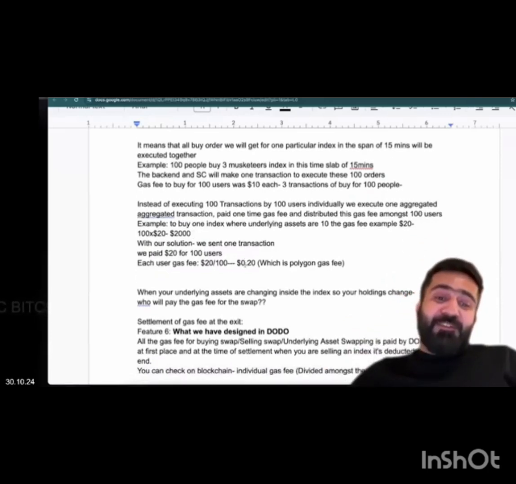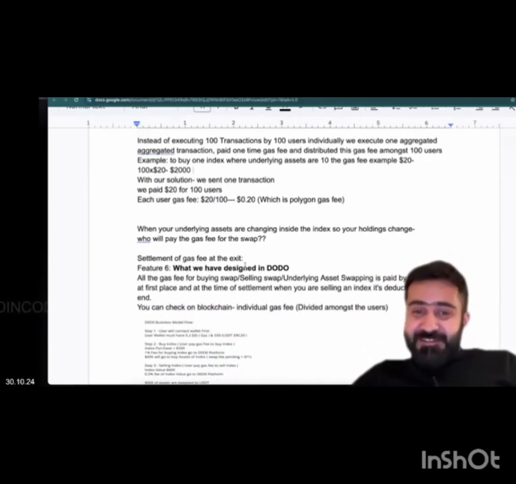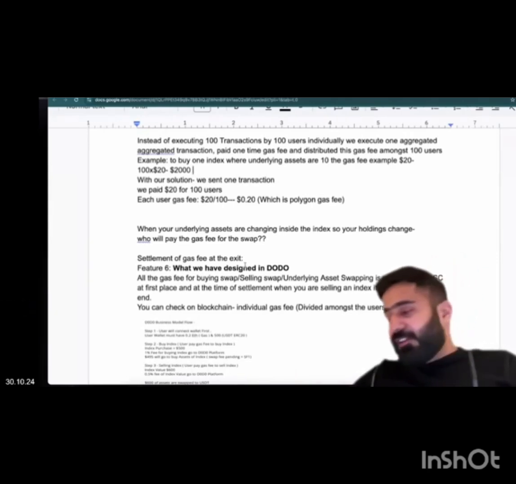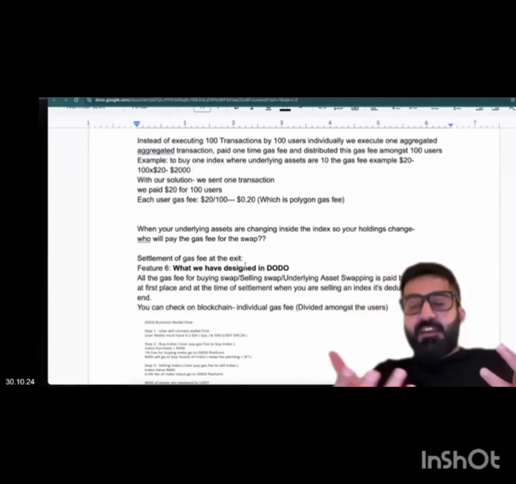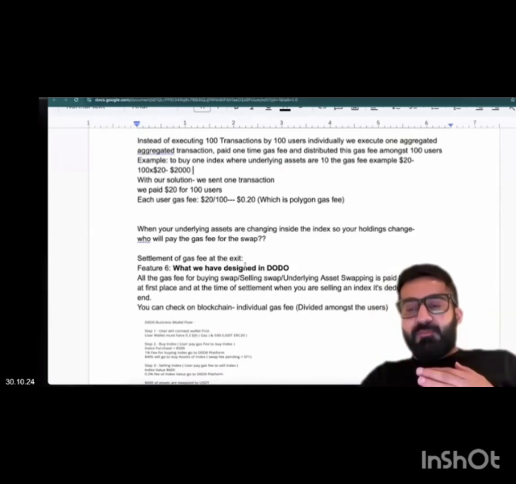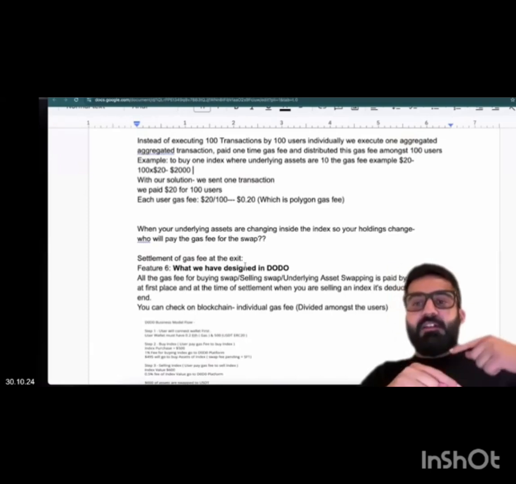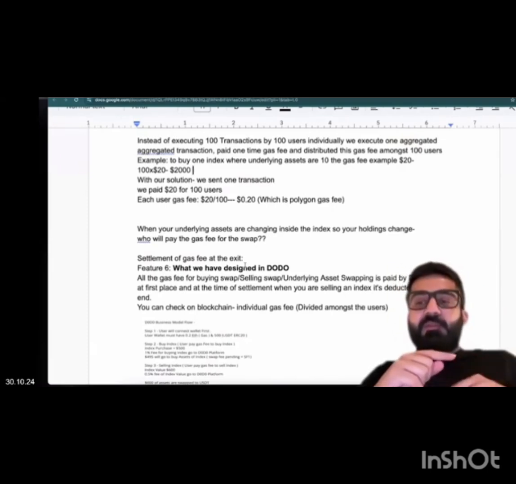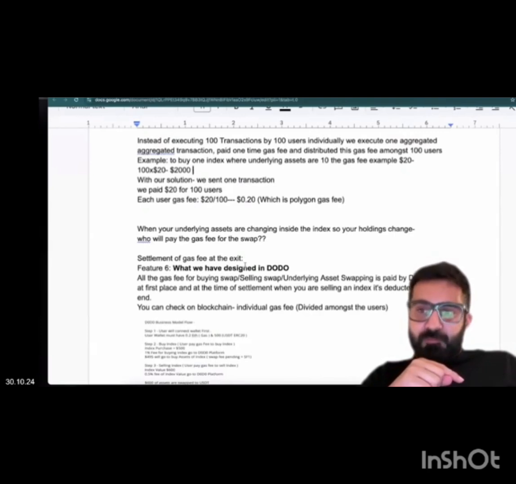When your underlying assets are changing inside the index, your holdings also change. Let's say you are holding the top 10 meme coins, and let's say the 12th one replaces the 8th one. Now the 12th meme coin, which is now the 8th in the list, is being bought on your behalf from Dodo.